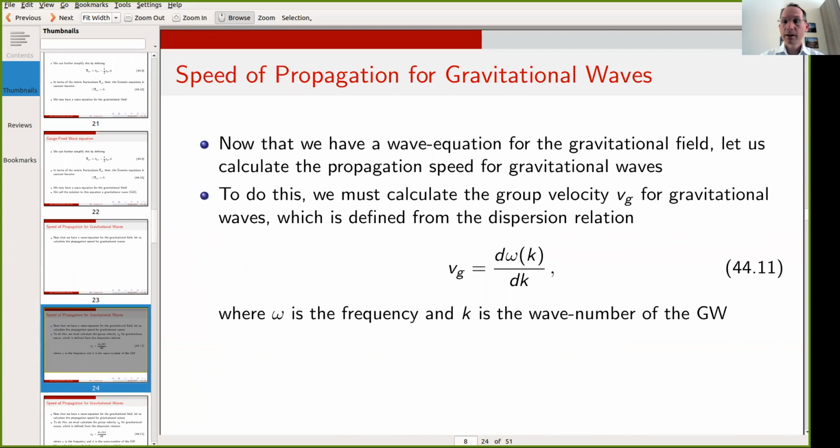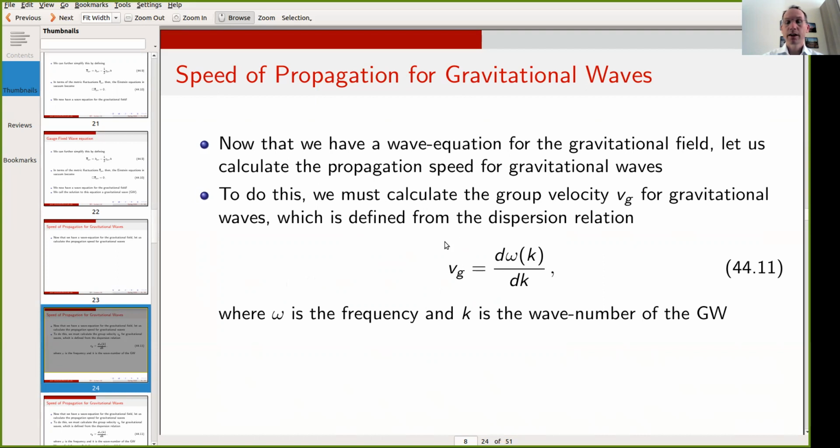Just a reminder, the way to calculate the propagation speed is by calculating the group velocity for wave packets of gravitational waves. The group velocity, in turn, is defined through the dispersion relation, omega as a function of k. The group velocity is then given as the derivative of the frequency with respect to the wave number k.